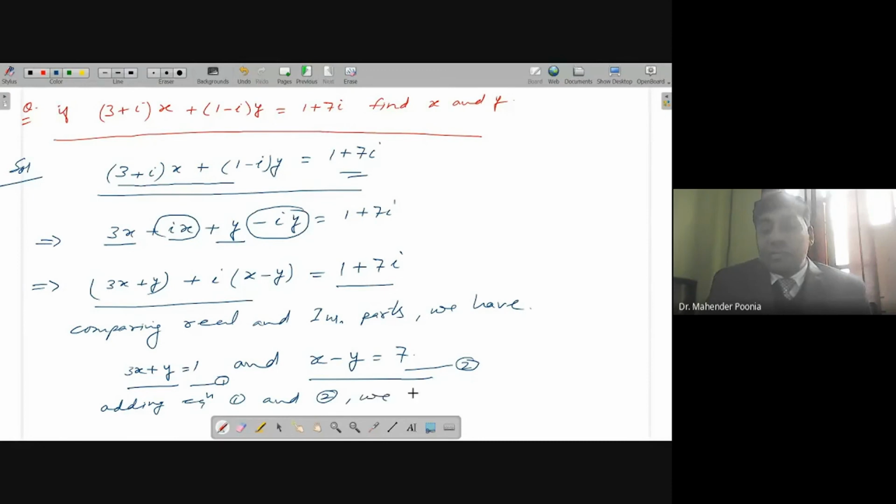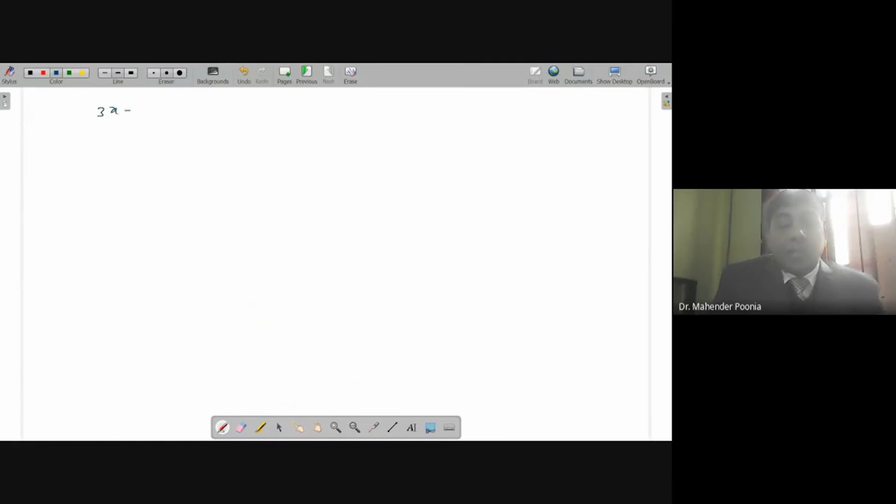we have 3x plus y is equal to 1, x minus y is equal to 7. Adding these two, y is cancelled with minus y, then 4x is equal to 8.